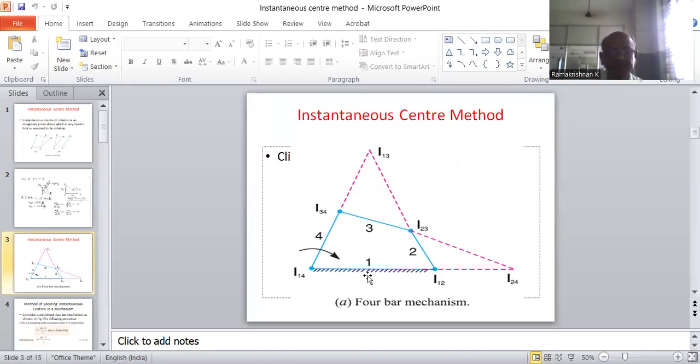Now the link 1 is fixed. So here at the junction of 1 and 4, because all the links are pin jointed, for this configuration the instantaneous center of rotation lies at the center of the pin. Here the link 1, 4.